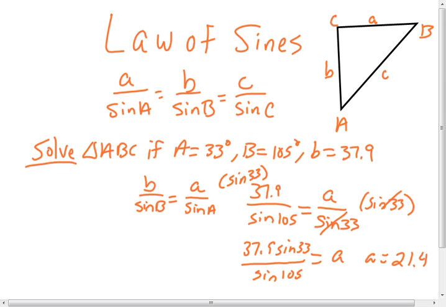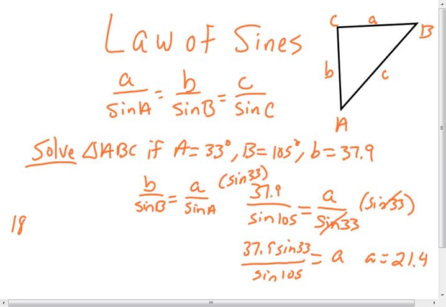We know side b, and we know angle A and angle B. Now we have a couple more steps to find angle C, which should be very easy. Angle C plus angle B plus angle A all equal 180.